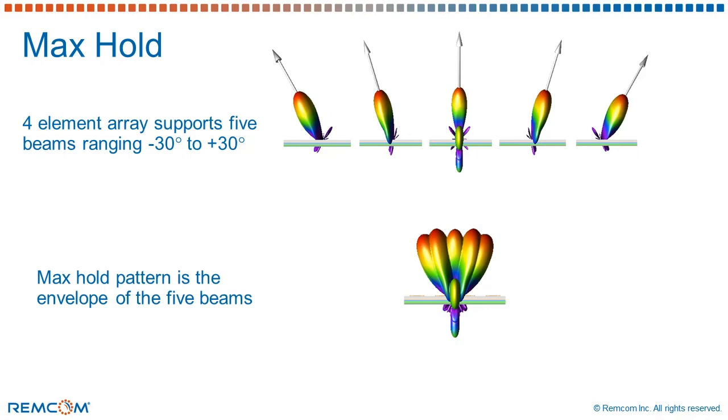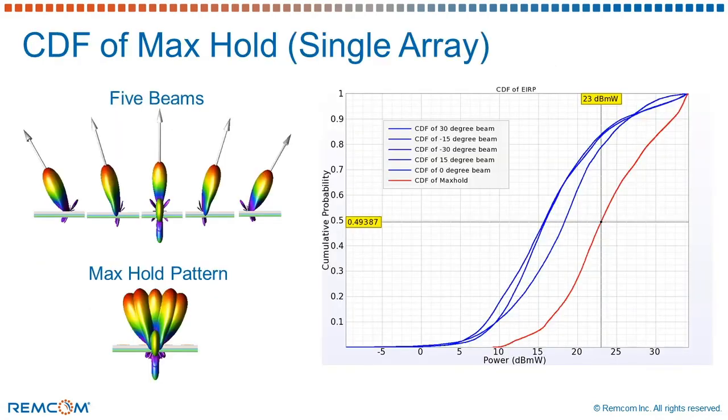And the max hold pattern for such beam combinations is an envelope of all the 5 beams together. CDF of max hold is a single metric that allows users to look at the antenna design and figure out how well the array is performing and over how many angles it can cover with adequate gain.